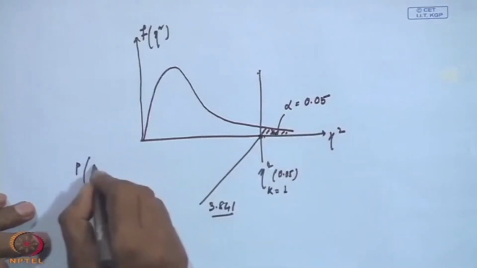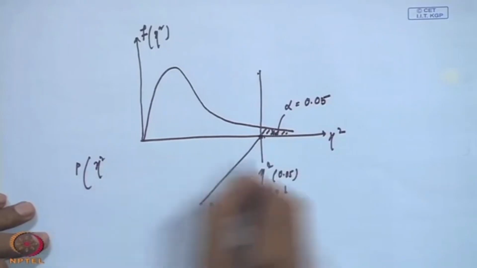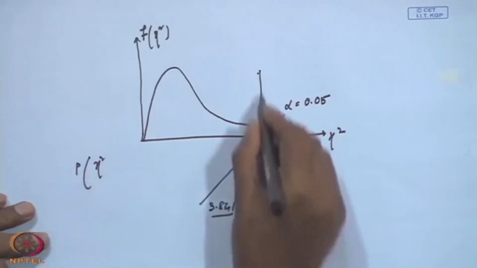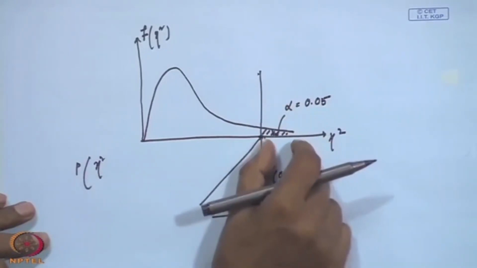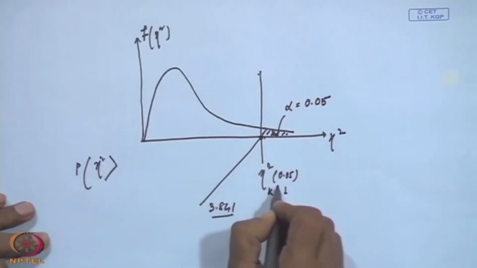This one is the probability that the chi-square value will be greater than some value. Getting me?